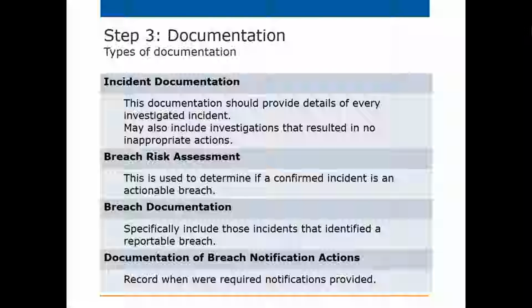But how do we know if an incident that occurred was actually a reportable breach? That's where the risk assessment comes into play. We need to, at some point, determine, is this incident a breach? And that's not just a decision. It's actually the result of a risk assessment, a breach risk assessment. Now, at the end of it, you're going to make a decision, but if you get audited by the Office of Civil Rights or you get audited by a vendor at the direction of the OCR, you need to be able to provide how those decisions were made.